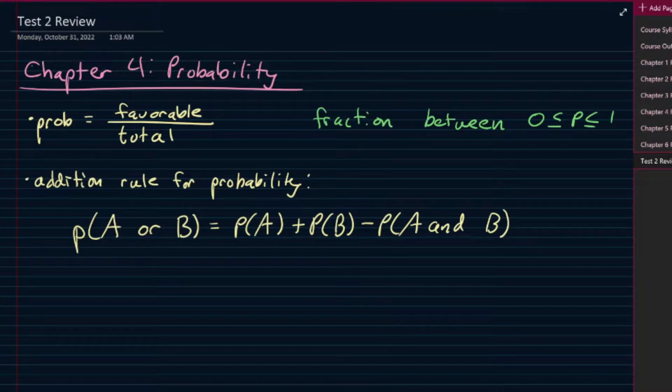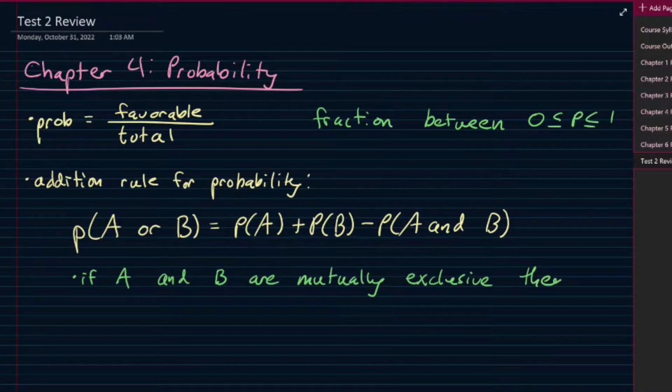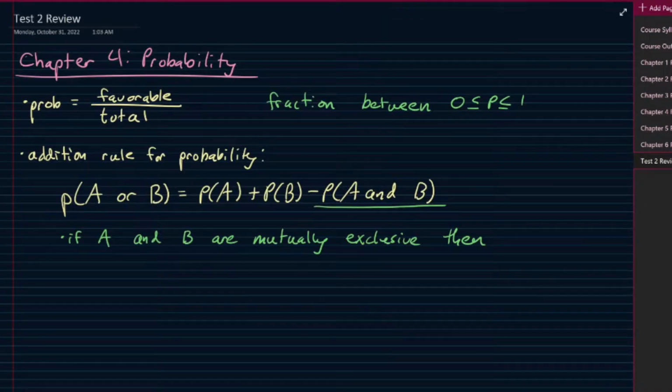Now, if the events are what's called mutually exclusive, which means there's no overlapping events between them, then this term right here ends up just being 0. But you can still always apply this formula. Just don't be scared that if this last term ends up being 0 because there's no overlap, that's fine. That happens all the time.